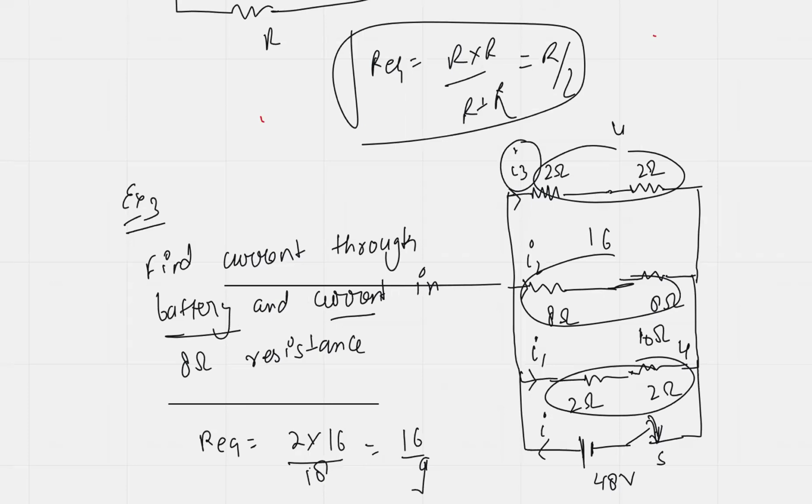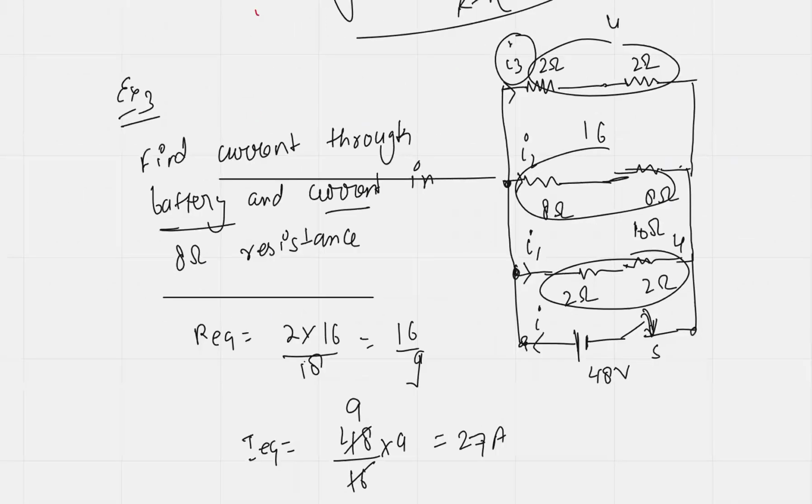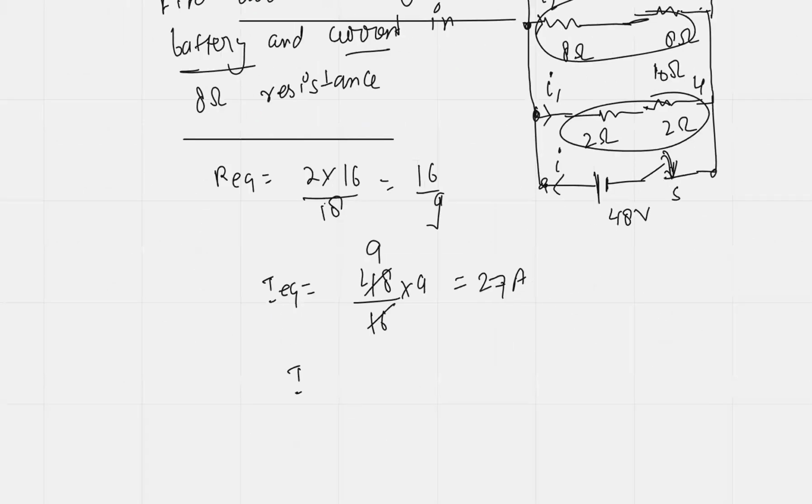If you remember a way by which you can simply do this, you know that the potential across each of them is the same, right? Because this one, this one, this one, this one, the potential is the same. So can I simply go and say that I A is 40 divided by 16, which is 3? Can I use this way to solve it?